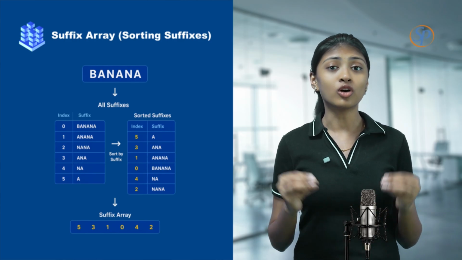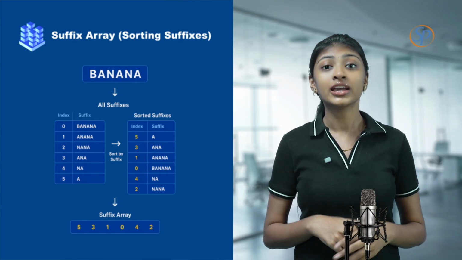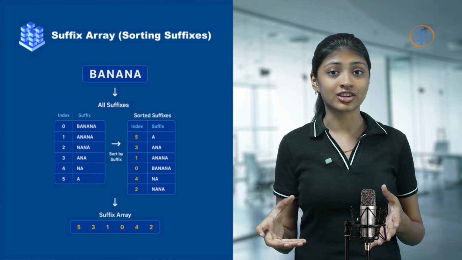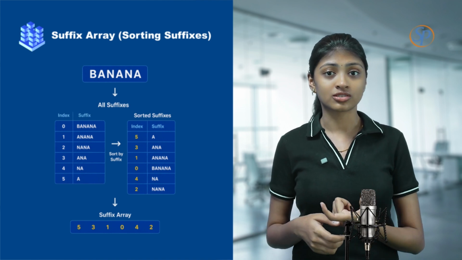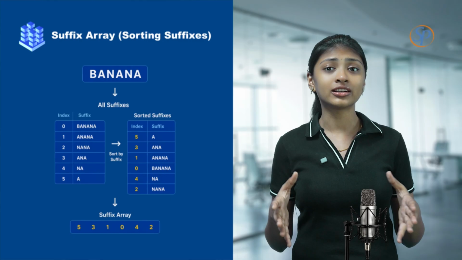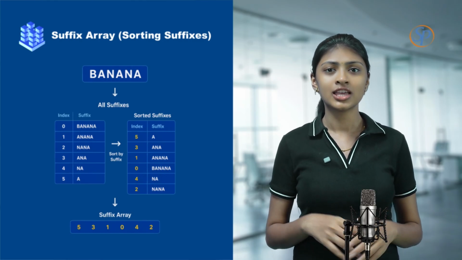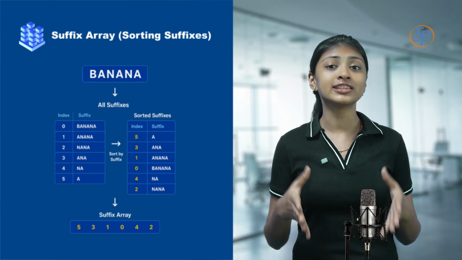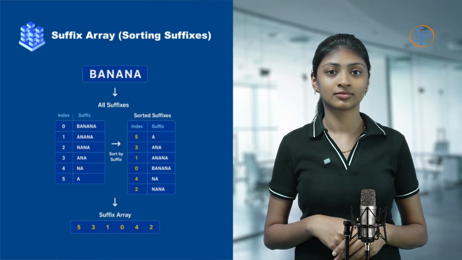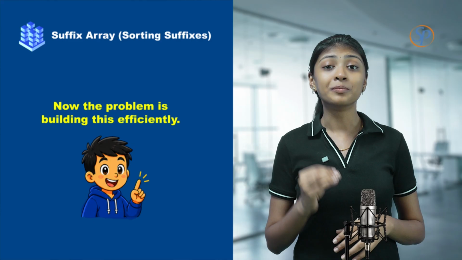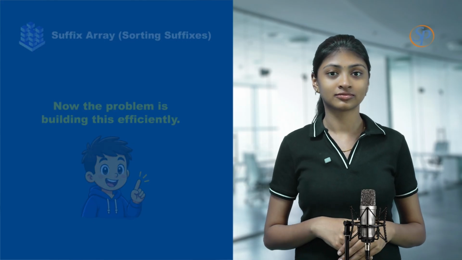Now, think about what just happened. Instead of storing the actual strings, we stored positions, but in a way that allows us to compare substrings efficiently. This sorted list is called the suffix array. Now the problem is building this efficiently.